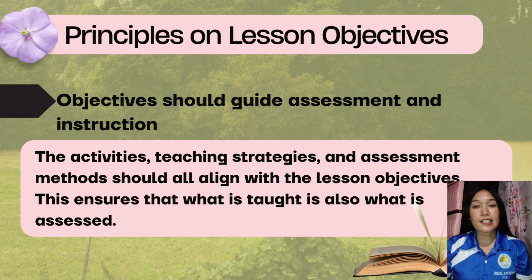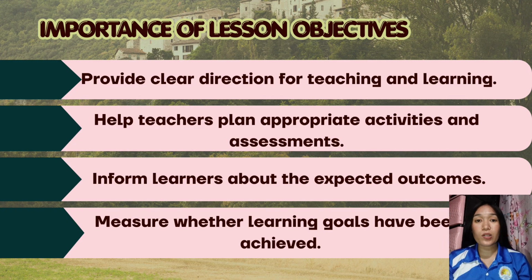The assessment should also measure these same skills. This prevents a mismatch between what we teach, what students practiced, and what we assess. When these three are aligned, learning becomes more organized, focused, and meaningful. Now that we've covered all 8 principles, let's talk about why lesson objectives matter so much.